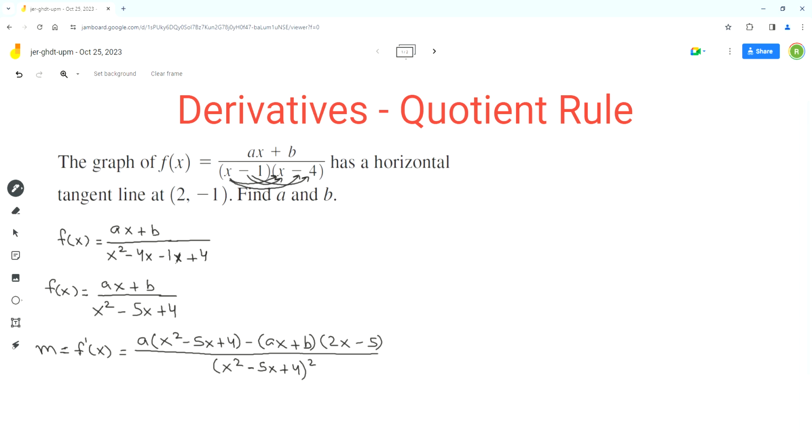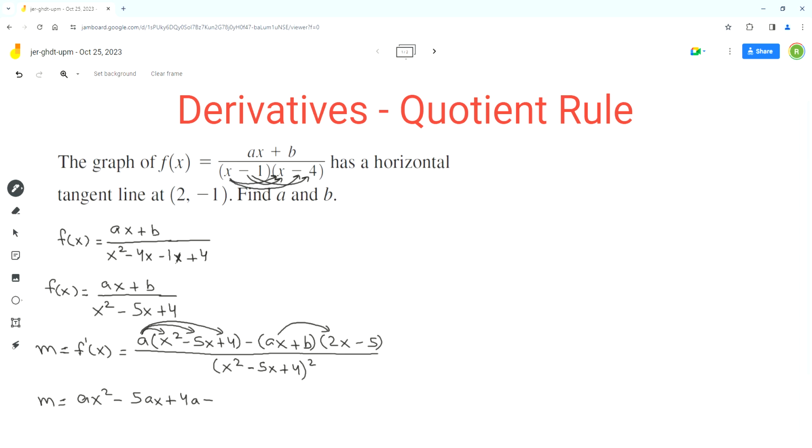Now we can simplify this expression by simplifying the numerator. So we get m equals, in the numerator we can distribute the a into the parentheses. So we get ax squared minus 5ax and then plus 4a. Now in the second part, we can do the distribution using the FOIL method.